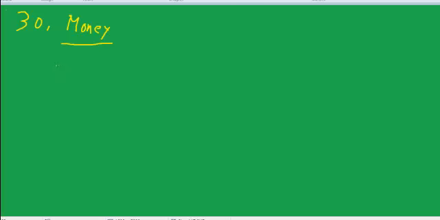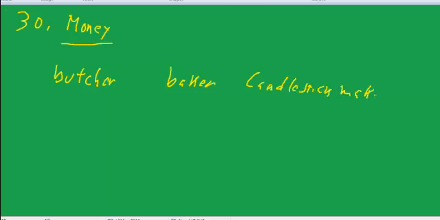Suppose we have three people in the economy. Suppose we have a butcher, a baker, and a candlestick maker. And suppose it turns out that today the candlestick maker would like some meat.